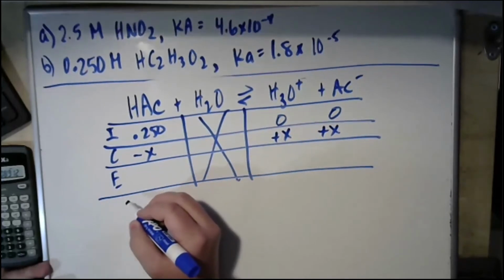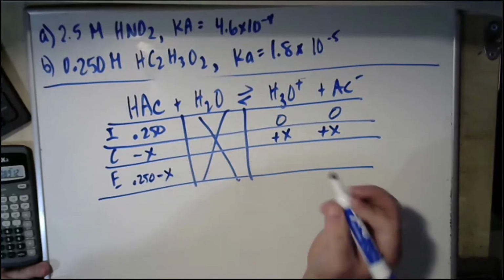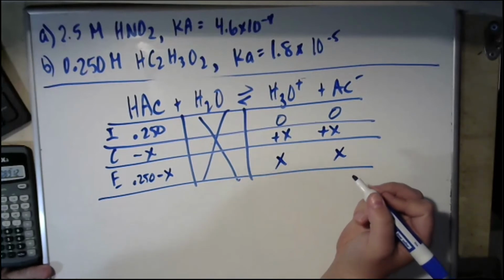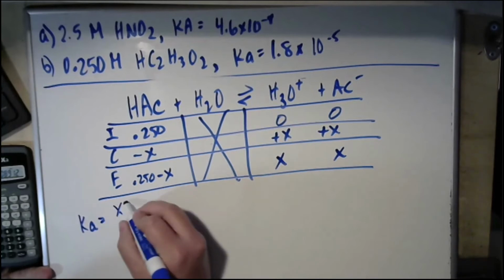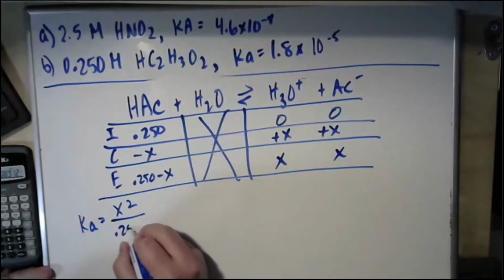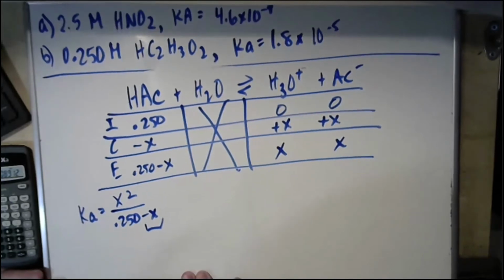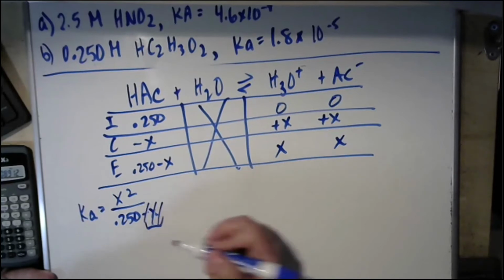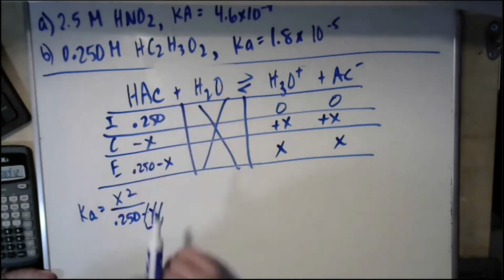So our equilibrium row is going to look like this: 0.250 minus x, x, and x. And we'll set up our K expression. It's going to be x times x divided by 0.250 minus x. We're going to assume that the amount of ionization is small enough that we can discount this value from our equilibrium concentration of the acetic acid.